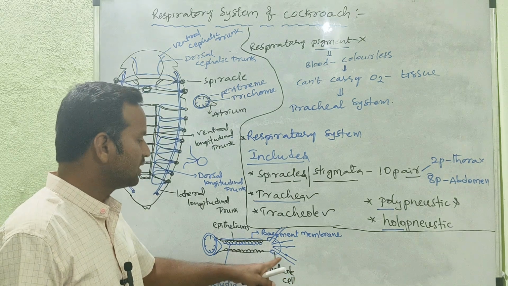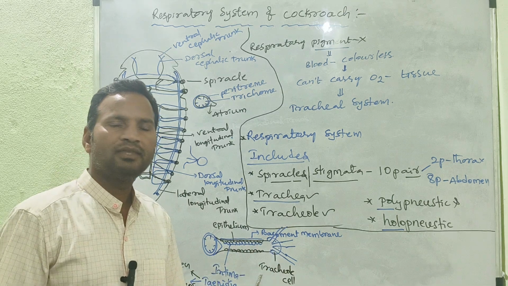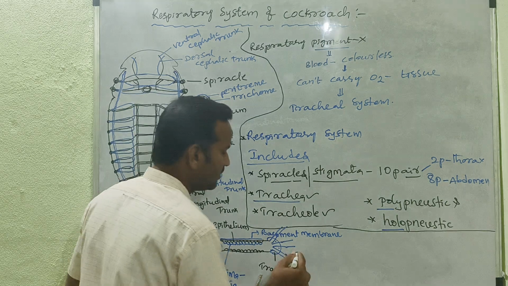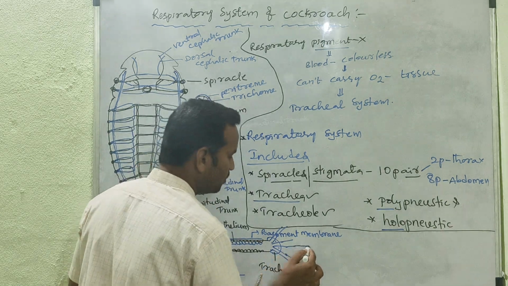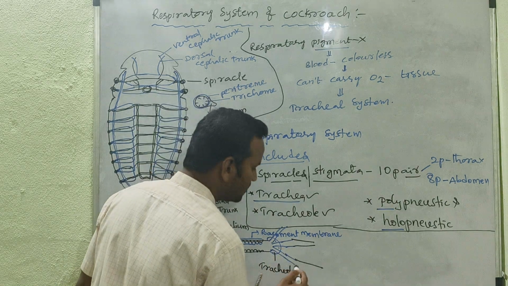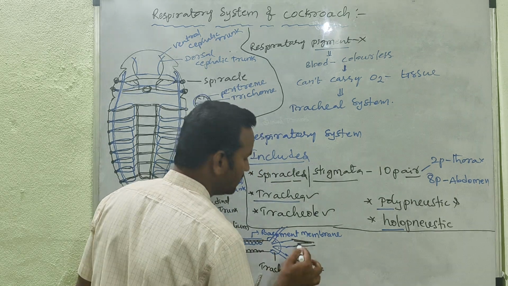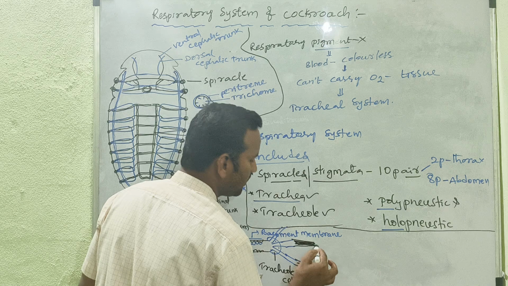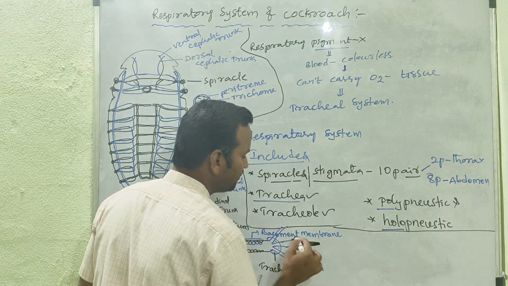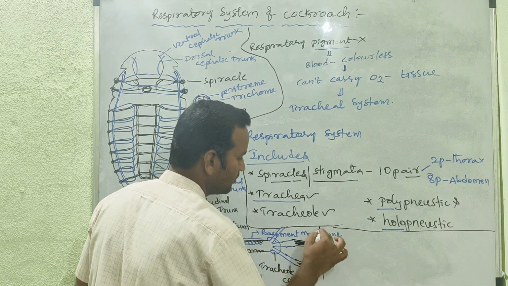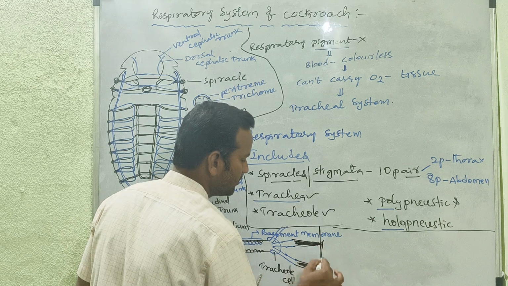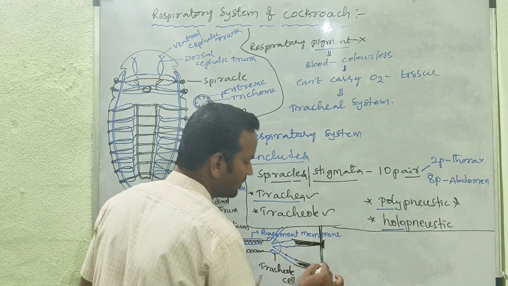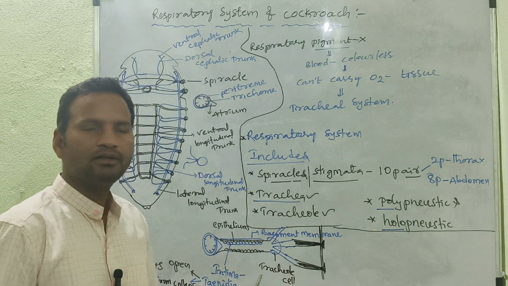The tracheal cell provides several branches, and these are the tracheoles.